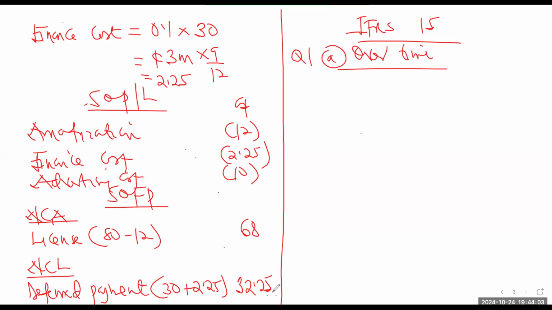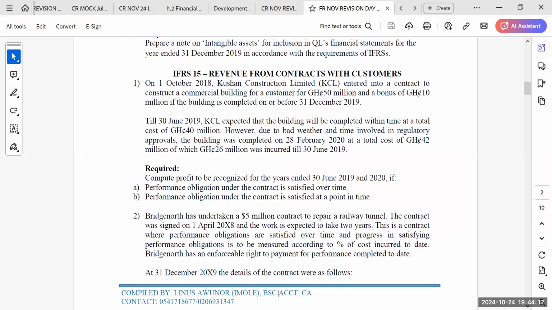So the over time now, what do we do? They're asking it for 2 years, isn't it? Let's check there. The total cost incurred was what? 42 million. Okay. Total cost was 42 million, but that cost was given to you in the following year, isn't it? Yes, sir.